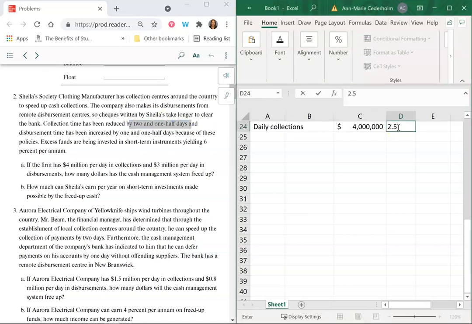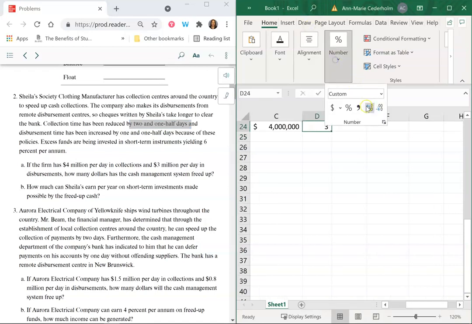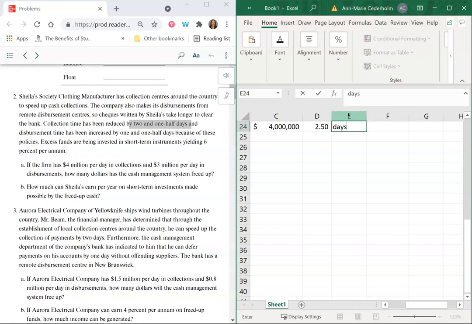So I'll put 2.5 days. So that's going to give me, if you do 4 million per day times 2.5 days, $10 million.